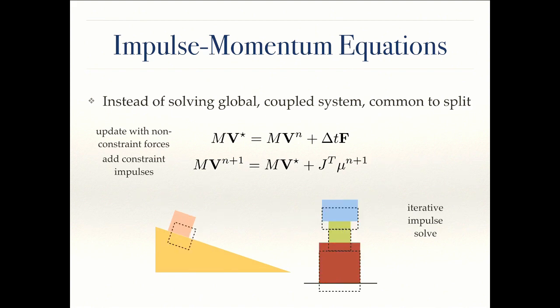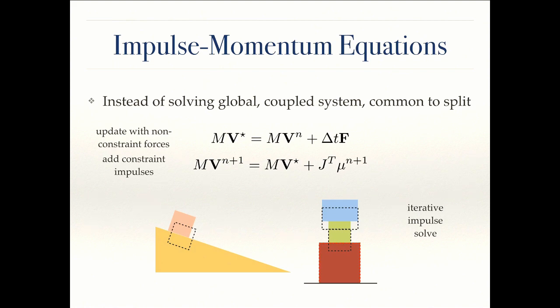But a common thing to do is actually to treat this iteratively and to treat maybe pairs of bodies together. For example, if I take first this block on the bottom, and I'm having a collision with the ground, I'm going to find an impulse I need to correct that violation of the constraint. Now, I don't know if you can see it, but it moved back up.